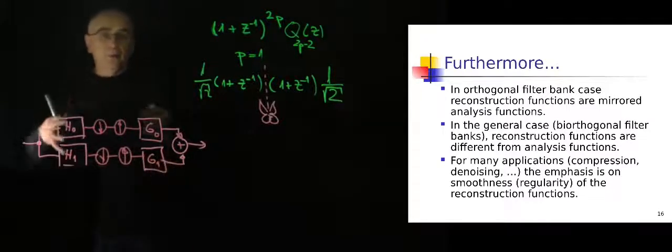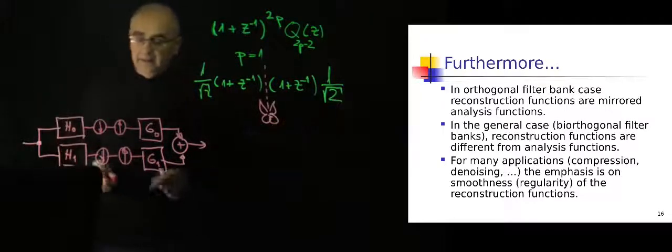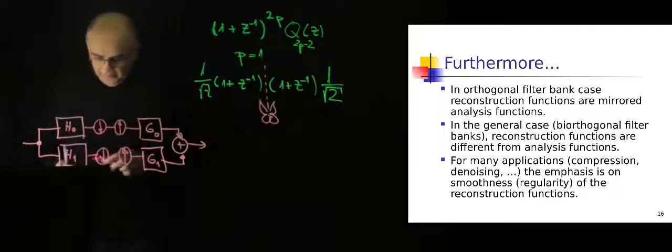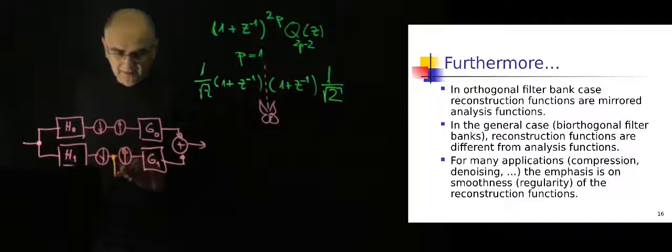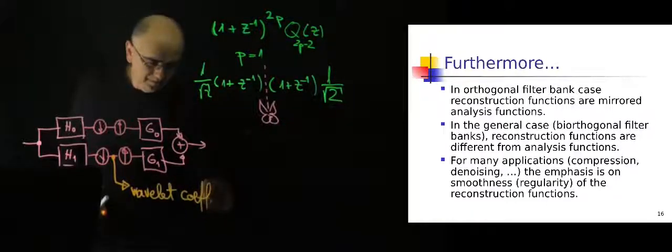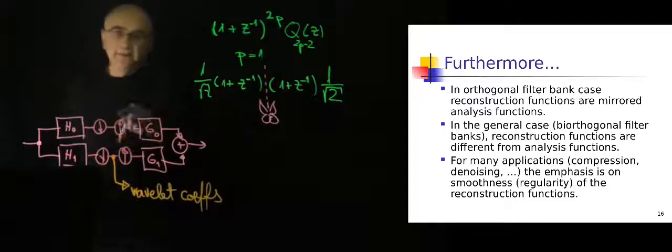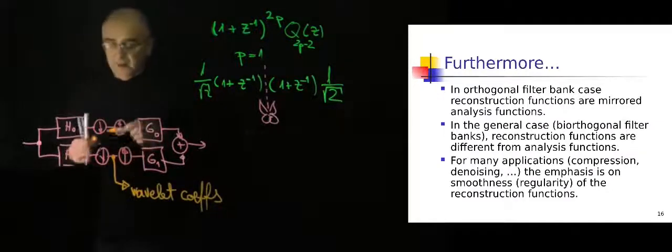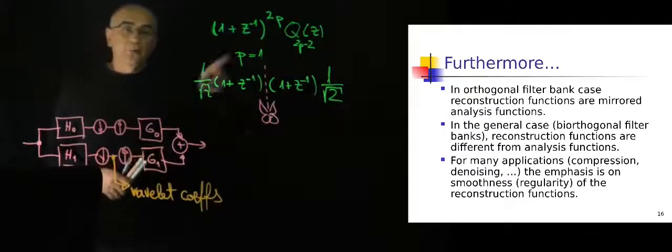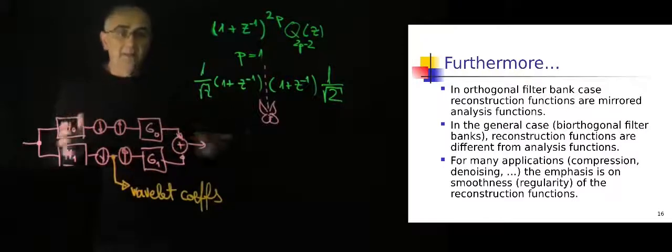We are going to collect it in a wavelet tree, but for now let us just recall that this is an important point. Here we have our wavelet coefficients. And on the other side we have the approximation coefficients, which will be followed in the next level of decomposition. Okay, that was a very simple example.